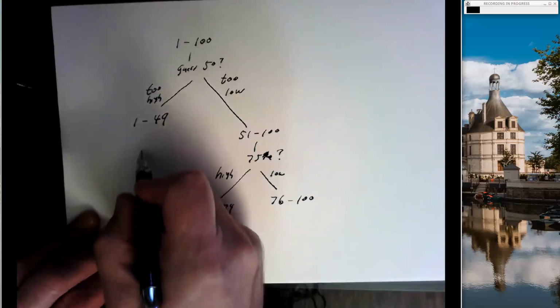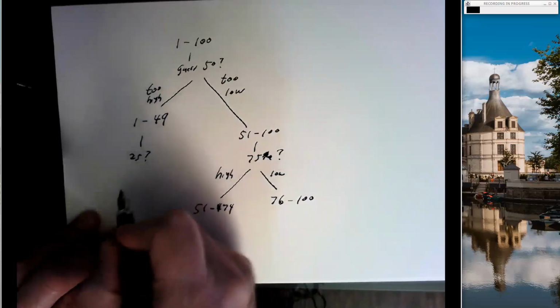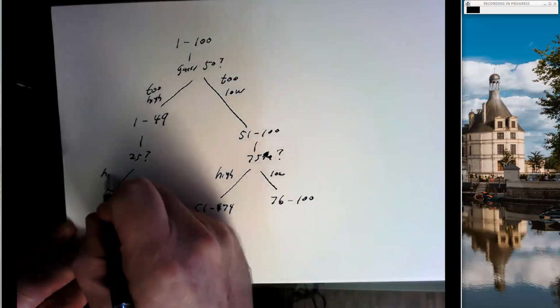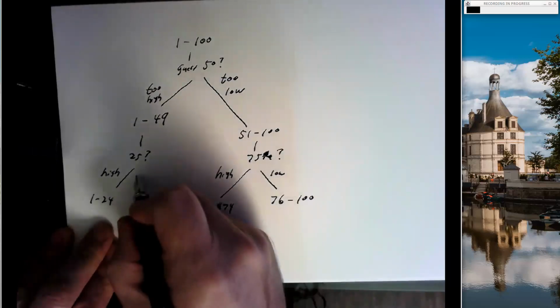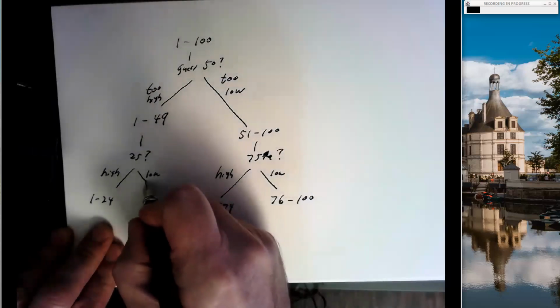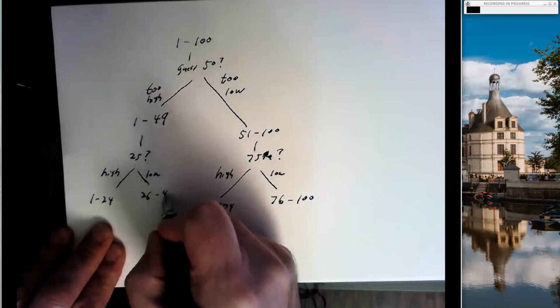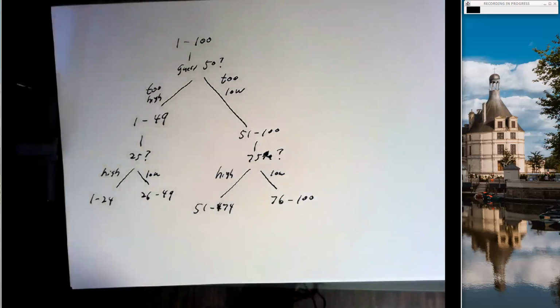If the number is between 1 and 49, we'll guess 25. And if that's too high, then the number's got to be between 1 and 24. If this is too low, the number has to be between 26 and 49.